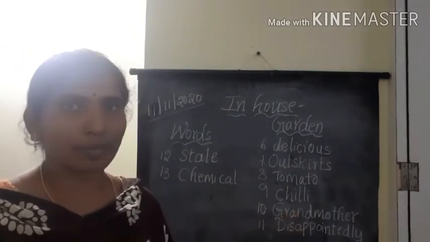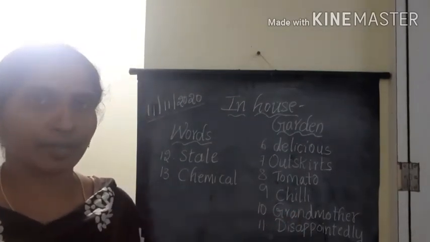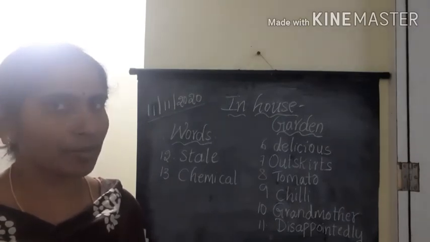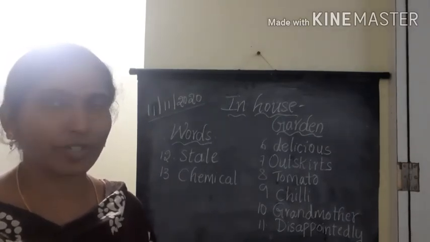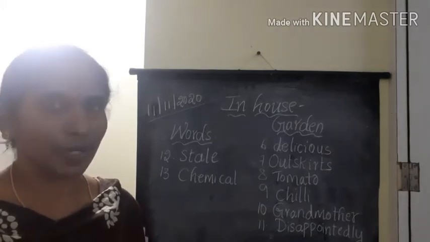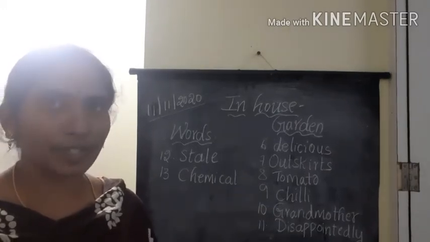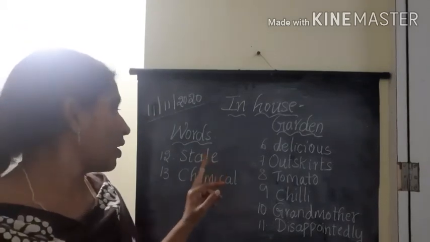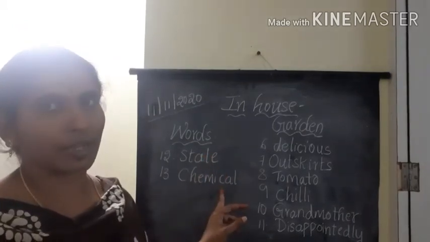Who is not buying vegetables in the market? Yes, grandmother was not buying vegetables in the market. Why didn't she buy vegetables in the market? Because the vegetables in the market were stale and chemical nowadays.